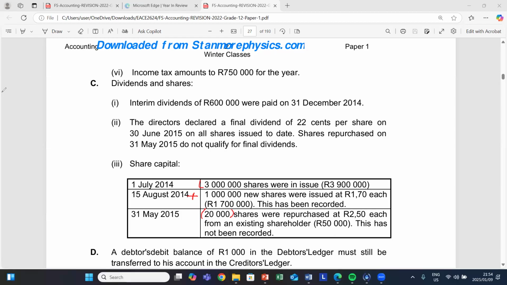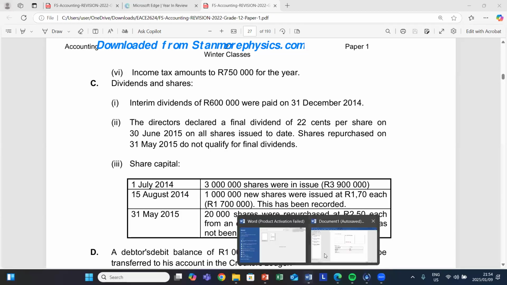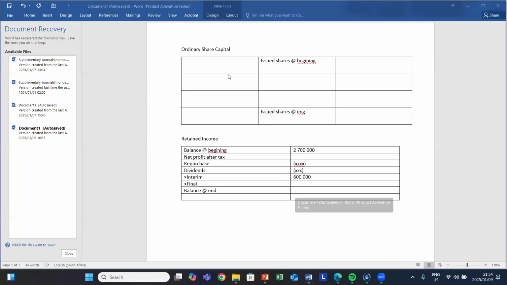Or alternatively, we can also refer to these things on an ordinary share capital. Let's record it on our ordinary share capital. Shares at the beginning amounted to 3 million, which had a value of 3,900,000 rand.